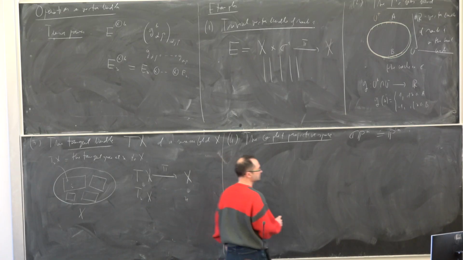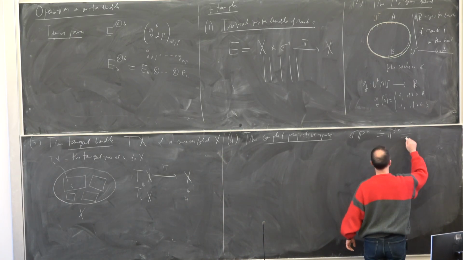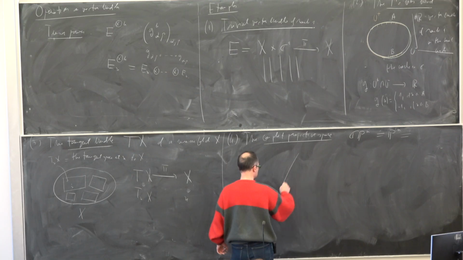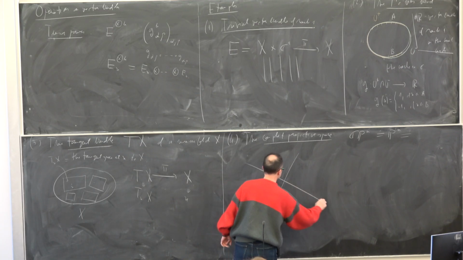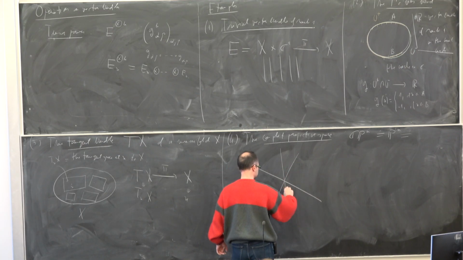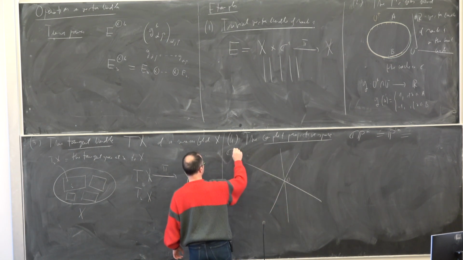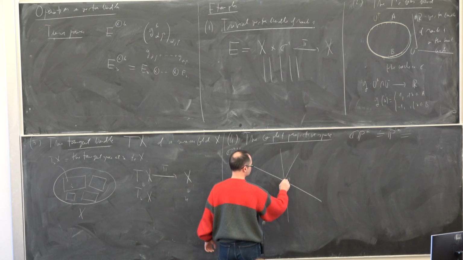So what is this? By definition, it is defined as a quotient space. Let me first explain intuitively, and then I'll give the formal definition. You take the set of all the vector lines, so all the vector lines pass through 0 in C^(n+1), and you remove 0 from each of them.